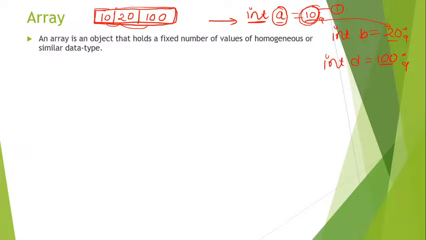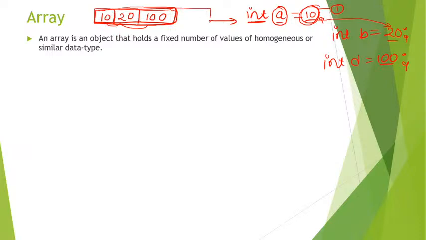Inside this memory we have separated the elements by partitioning the memory into different pieces. This is our one memory, and we have divided it into 3 parts and stored the elements, which are of integer type.